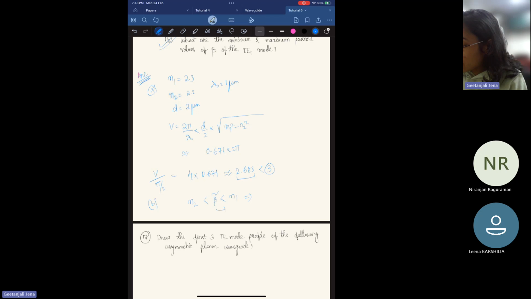And beta tilde is nothing but beta by K0. So that means beta should lie between K0 N2 and K0 N1. So the maximum value will be K0 N1 and the minimum value will be K0 N2. N1 and N2 are already given, so the maximum value is 2.3 K0 and the minimum value is 2.2 K0. This is easy.